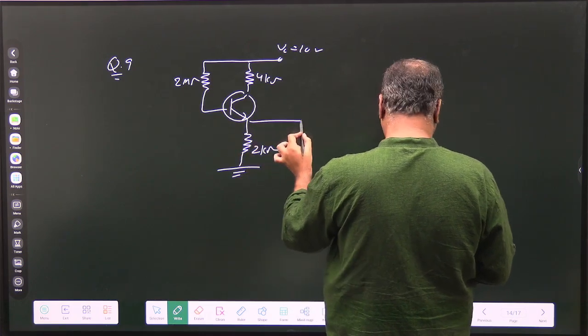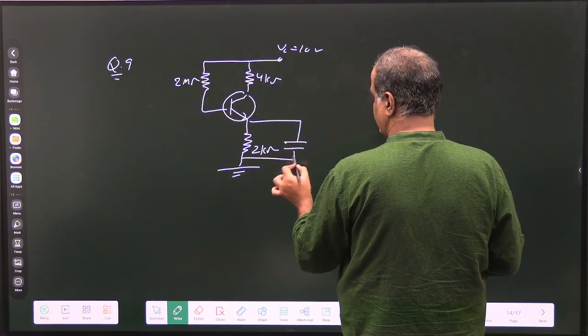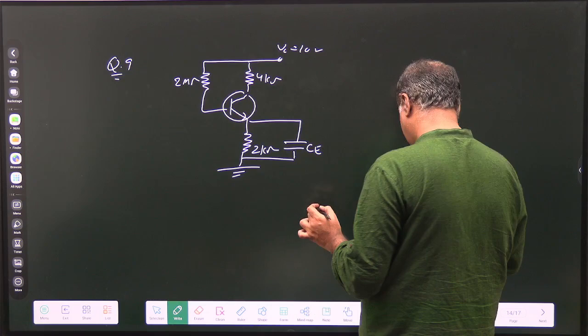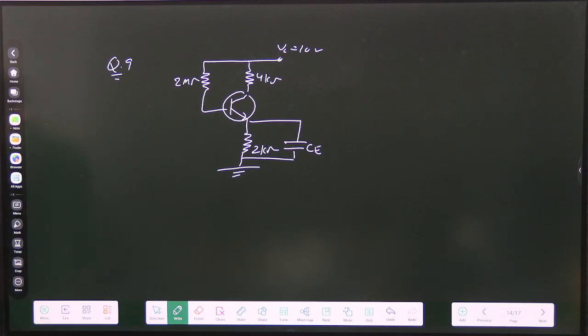Okay, and here you have a bypass capacitor. What is asked in the question? The value of ammeter current in the given circuit in microampere, rounded to 1 decimal place. Find the ammeter current.